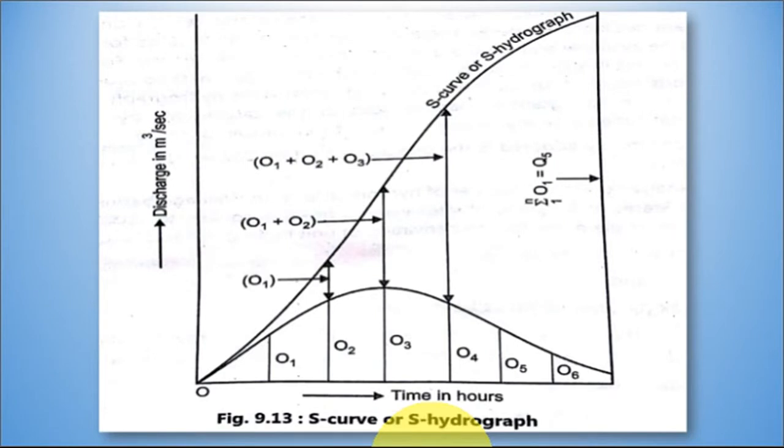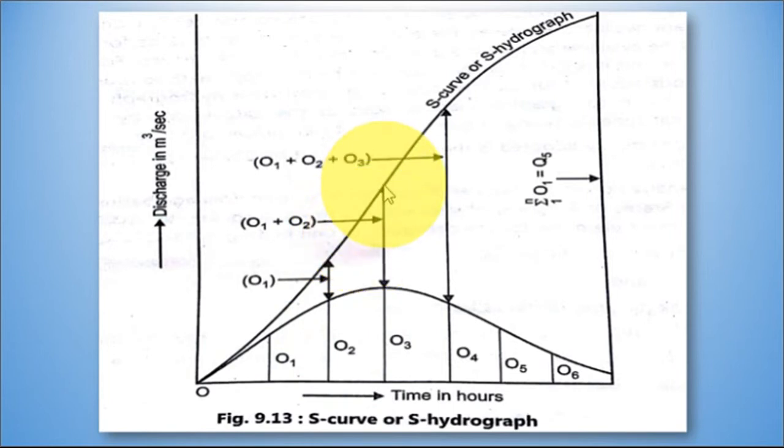So this is a typical S curve hydrograph. You can see this particular hydrograph, it has the shape of the letter S. So this is a unit hydrograph. These are the series of hydrographs. Here this ordinate is added to the earlier q2.